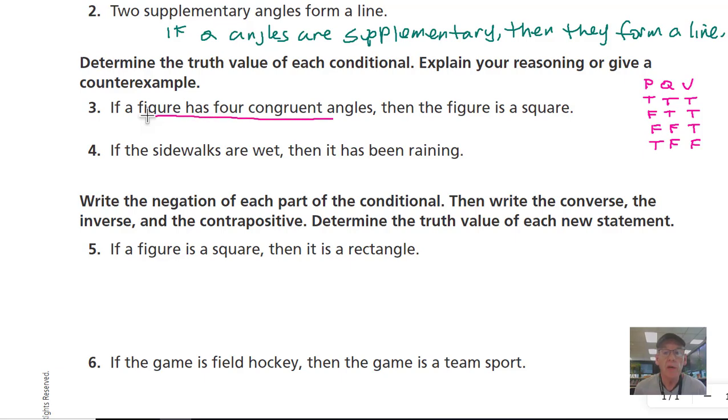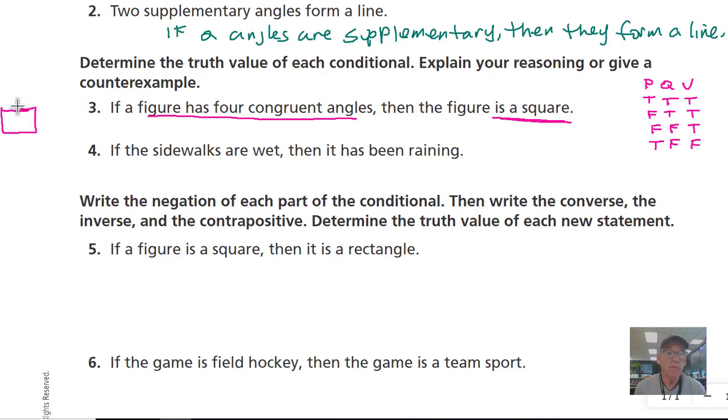Okay, so let's take the if part. Figure has 4 congruent angles, then it's a square. Okay, let's see. What if I did a pentagon? 1 right angle, 2 right angles, 3 right angles, 4 right angles, and well, pentagon didn't come out, but I made a rectangle.